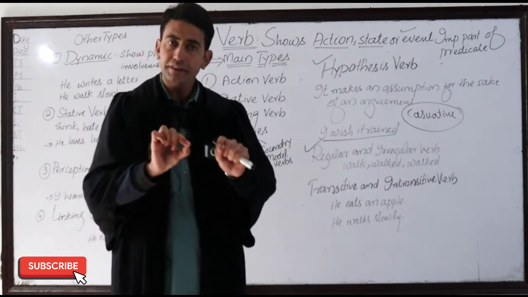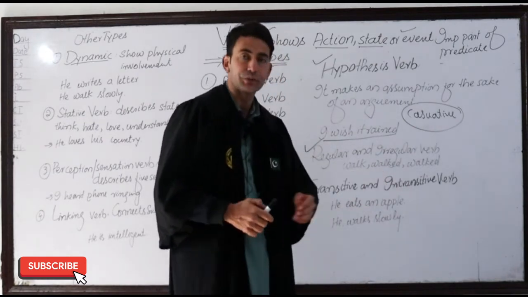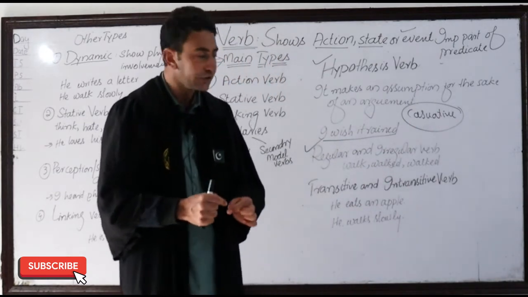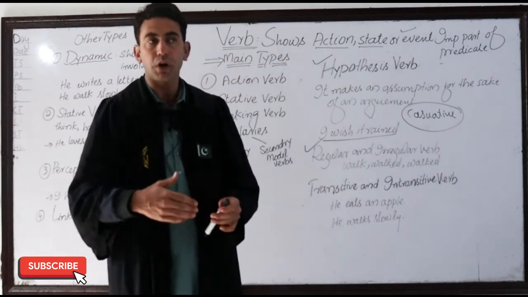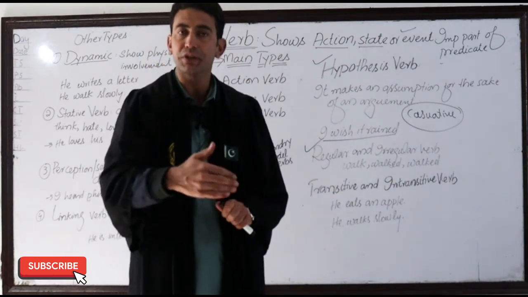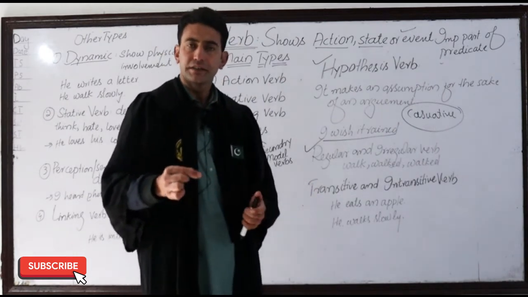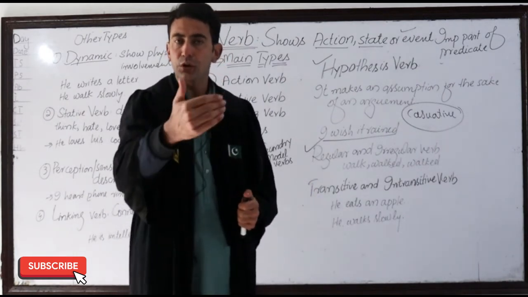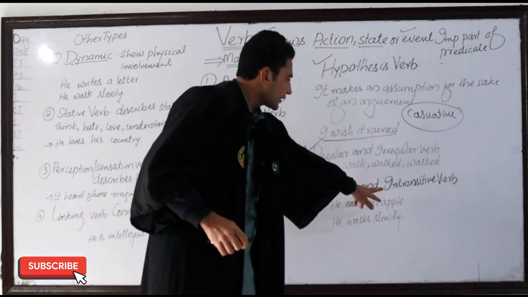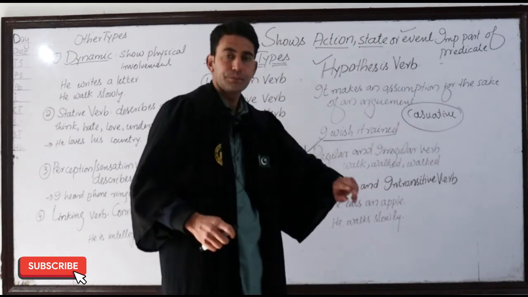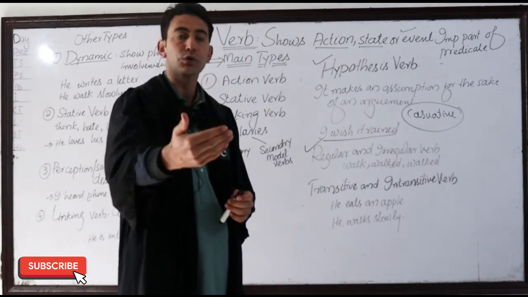This is one thing that is common between the transitive verb and intransitive verb. The difference between these two is that a transitive verb always requires an object in order to give complete meaning. A transitive verb does not give complete meaning without an object. But an intransitive verb doesn't need any object, rather it gives complete meaning without an object.